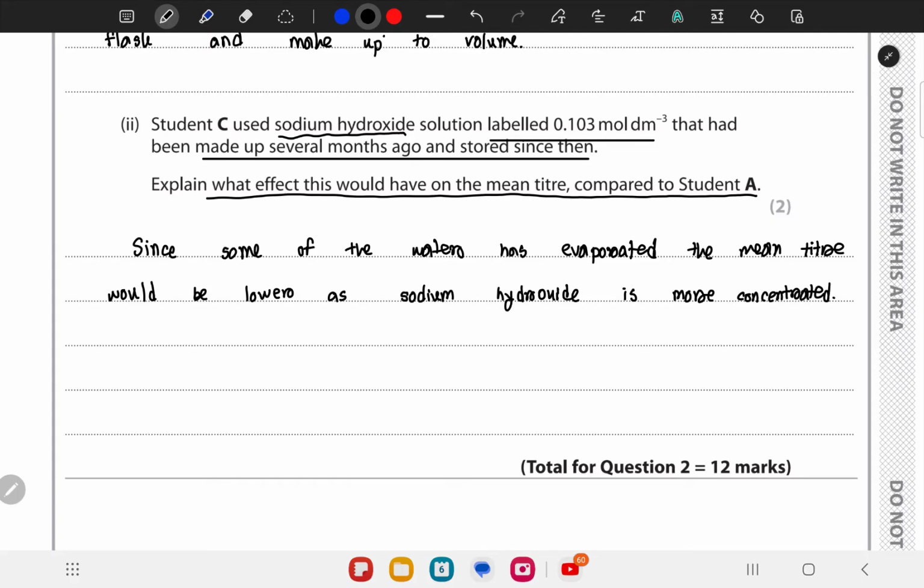Since there is less water now, the sodium hydroxide is more concentrated, so the mean titer would be less. So a smaller volume of sodium hydroxide would be needed.